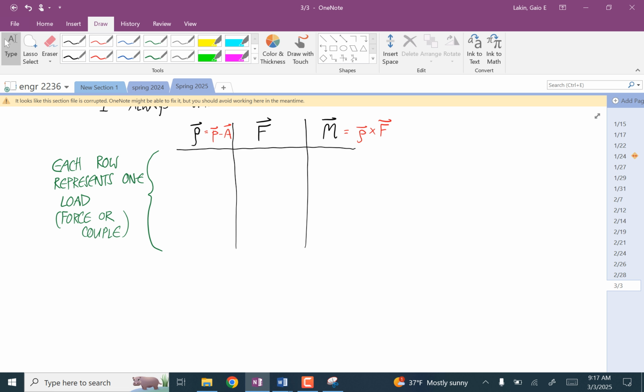For most of this class, at least, we'll almost entirely do this for planar problems.